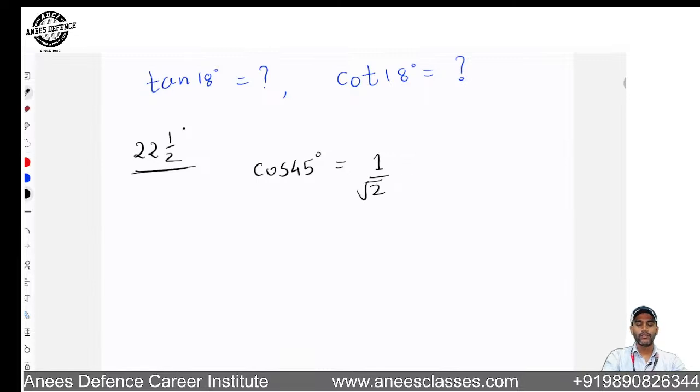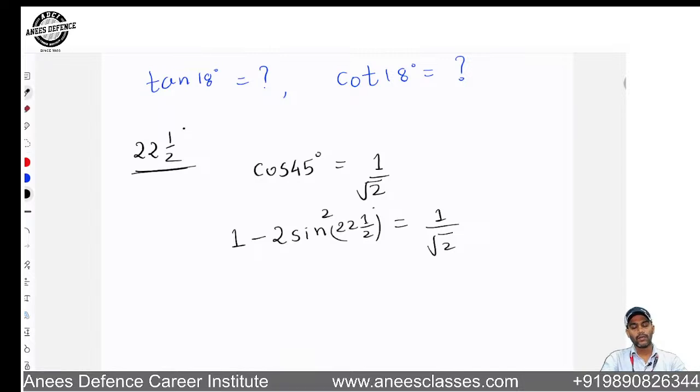Very good. Now, cos 2 theta is what? 1 minus 2 sine square theta. Yes or no? Can I write 1 minus 2 sine square? What is half of 45 degree? 22 and a half. That is equal to 1 by root 2. Yes or no?